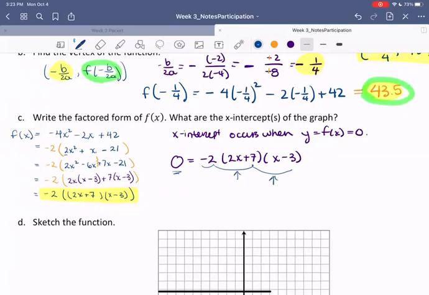So if we want to find the solutions, we just set each of these terms in our product equal to 0. So that gives us the following two solutions. So therefore, we have 0 equal to 2x plus 7 and 0 equal to x minus 3. We get two solutions. So let's find what they are.